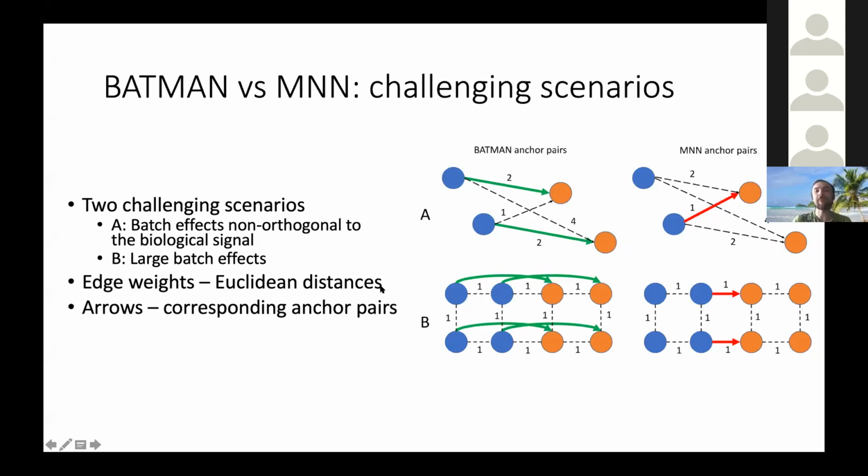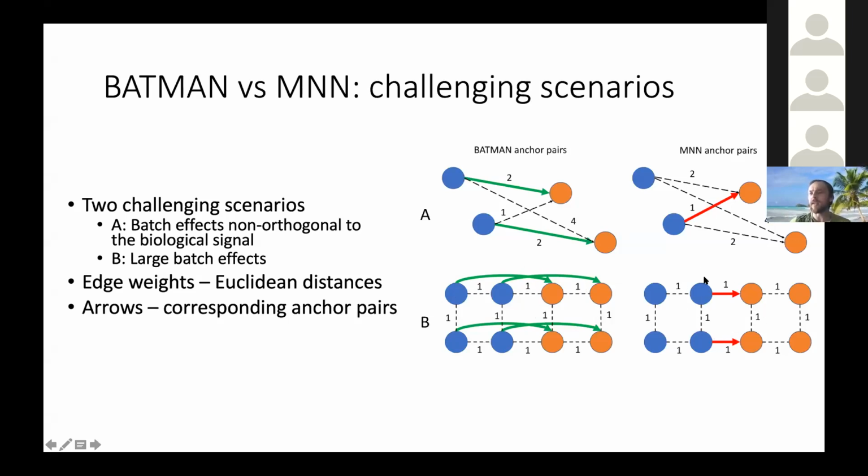In case we have large batch effects, like in this case, we have two batches consisting of 4 cells each, by applying Batman, we will be able to correctly transfer these cells, keeping their structure, and translate them here so that we have no batch effects after all with mutual nearest neighbors.